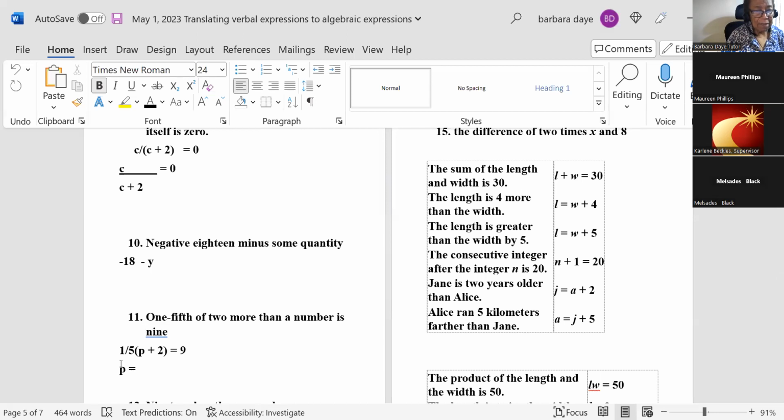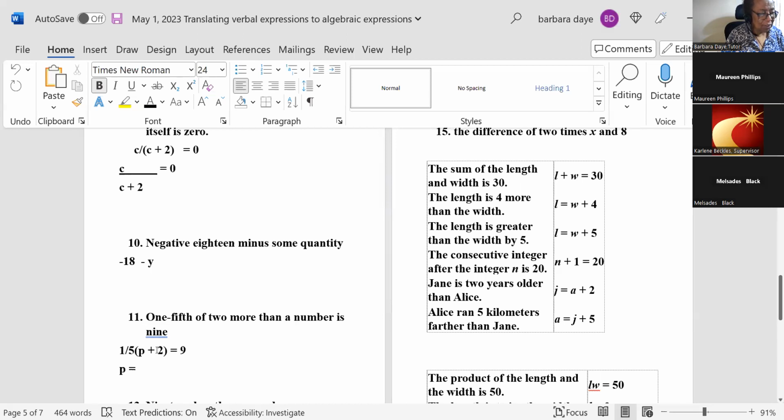What's 9 times 5? 45. What's one-fifth of 45? 45 divided by 5 is 9, right? Yes. That means this expression should have 45.